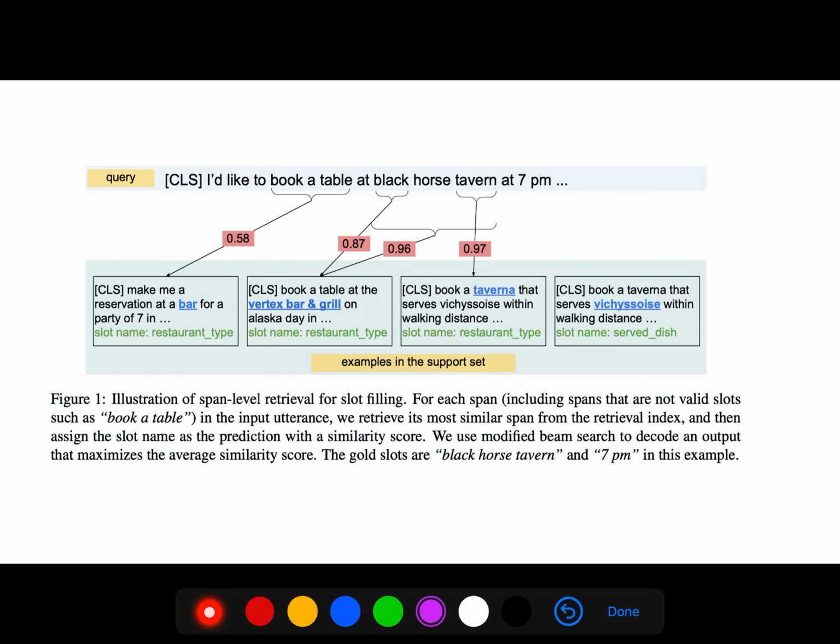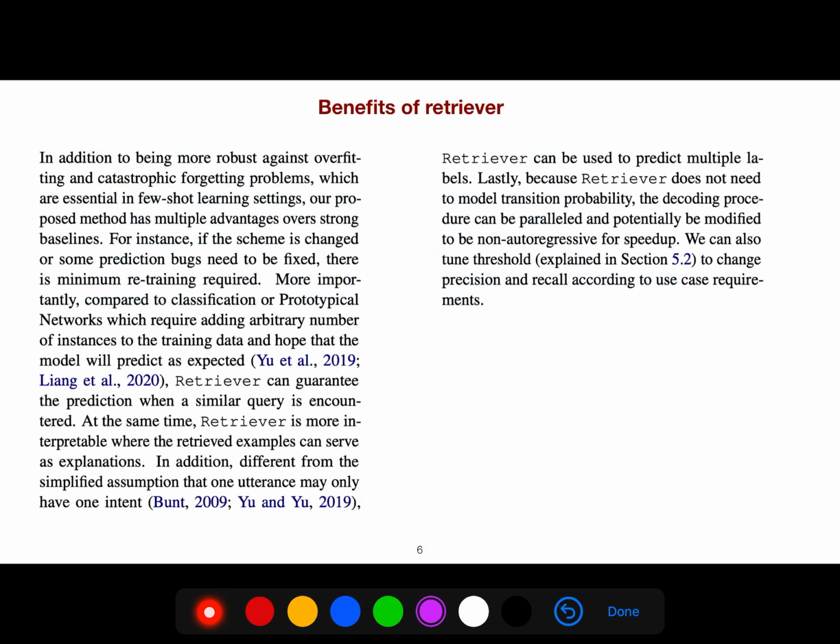So we have a query, CLS token, and then I'd like to book a table. So these are examples in the support set. For each span in the input space, we retrieve its most similar span from the retrieved index.